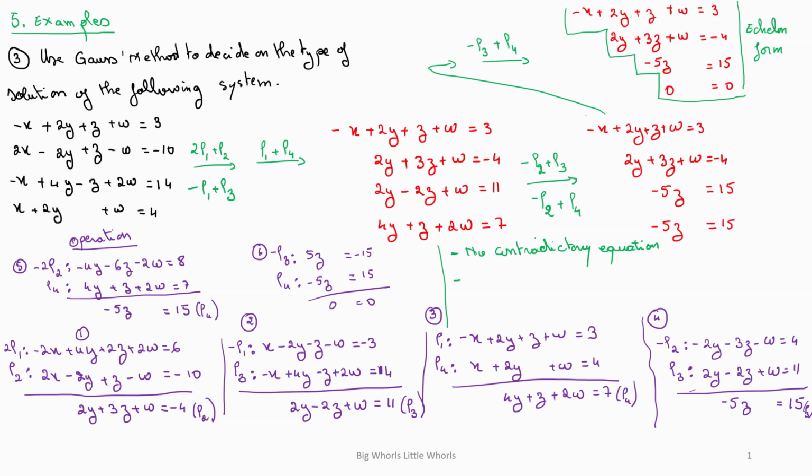So there is at least one variable that is not leading a row: the variable w is not leading. Therefore, when we have those conditions, we have infinitely many solutions.